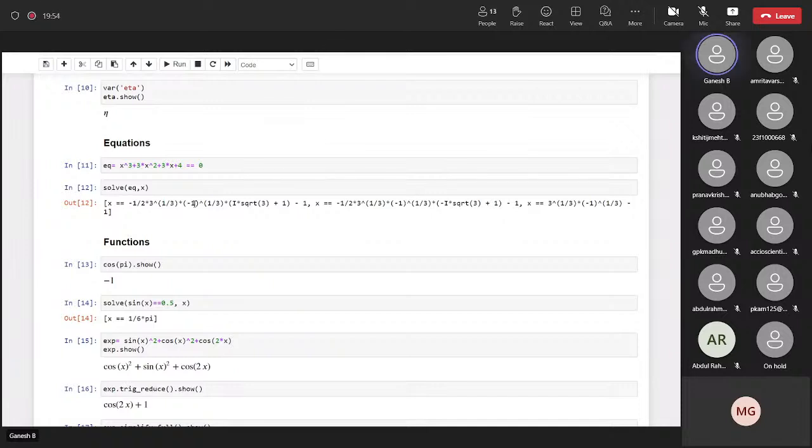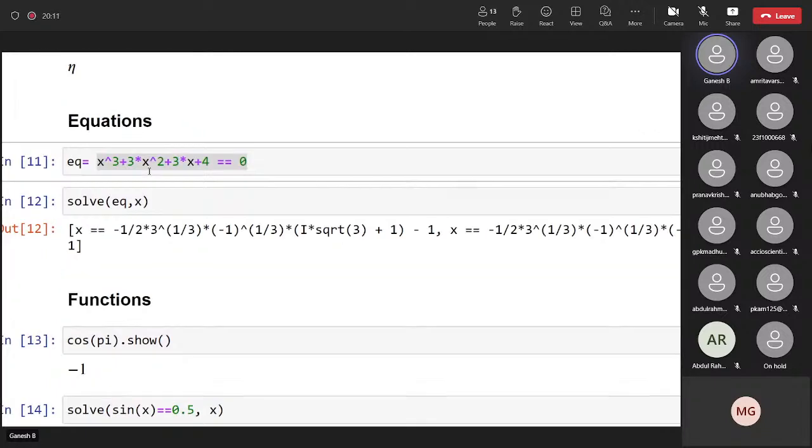Coming to equations, as you can see, I declare an equation in such a way. So what have I done here? I've defined the equation variable to be EQ, and I assigned that EQ to be this entire thing. Notice that I've used a double equals here.